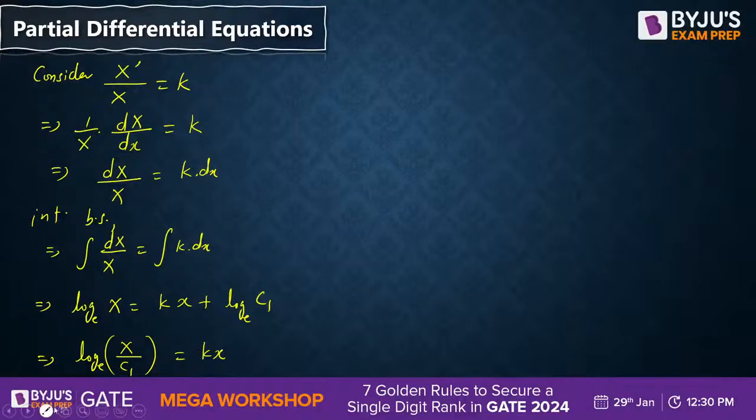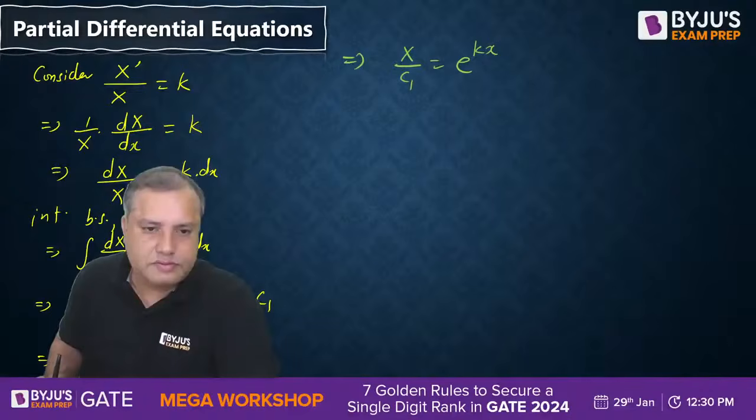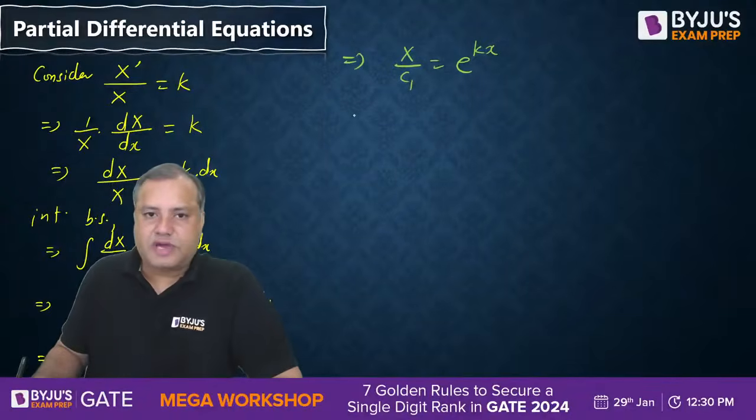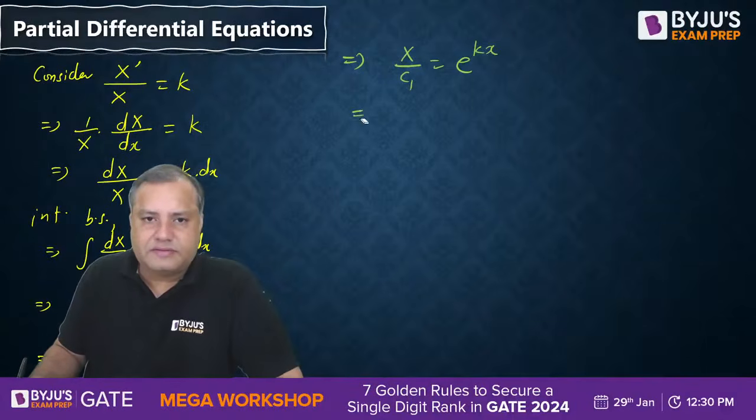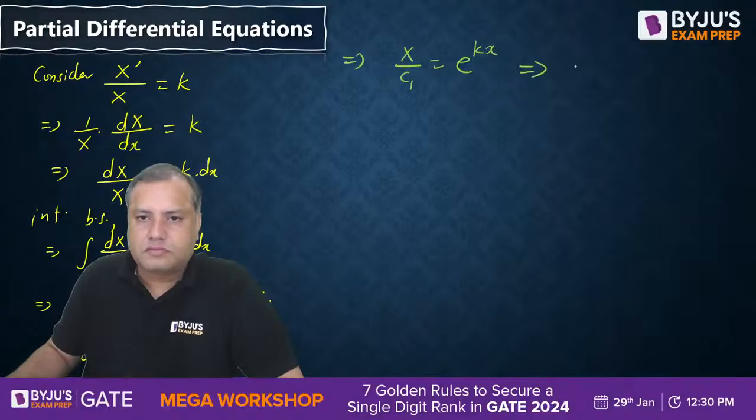If you take anti-log, you will get X upon c1, and the right hand side will be e to the power kx. So capital X will be finally c1 e raised to kx.